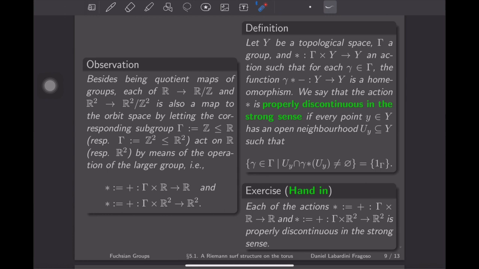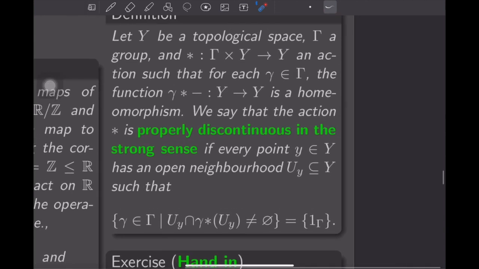And if we think that way, instead of regarding these as quotients of groups and rather regarding them as orbit spaces, what we see is that what makes the projections covering maps is that the actions by integral translations have this property.